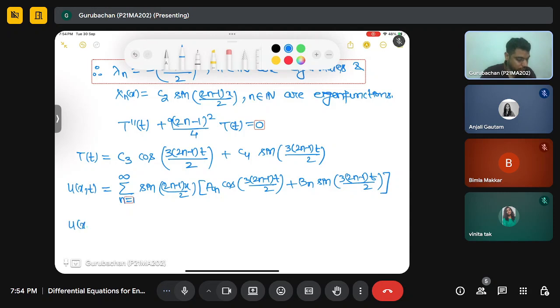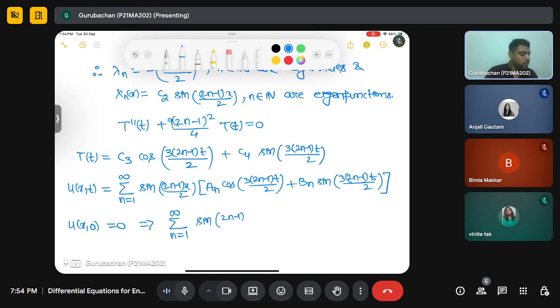If you observe from the previous case, this will be summation n from 1 to infinity sine (2n minus 1)x by 2 times a_n, and this is 0.